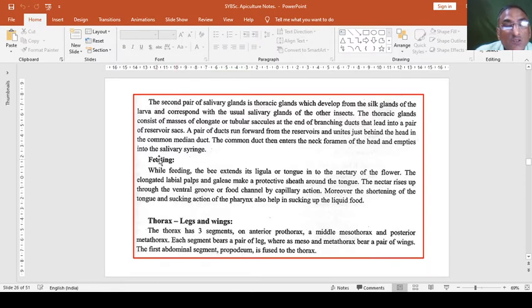Now feeding, how the bees are feeding. While feeding, the bee extends its ligula or tongue into the nectary of the flower.